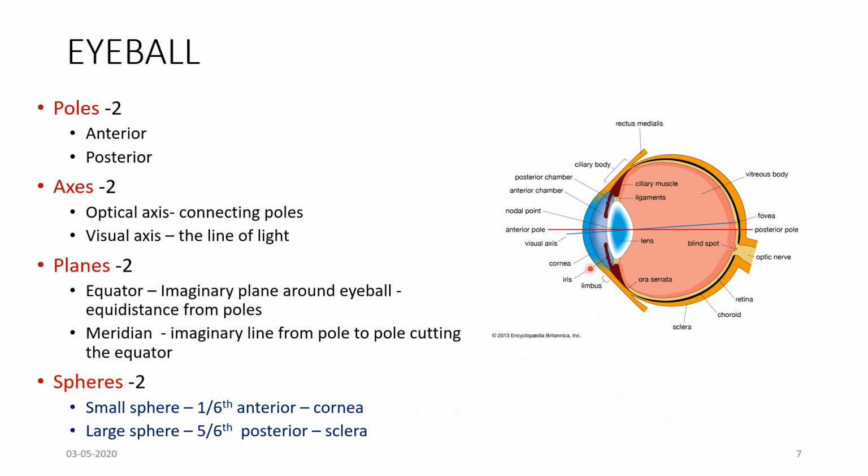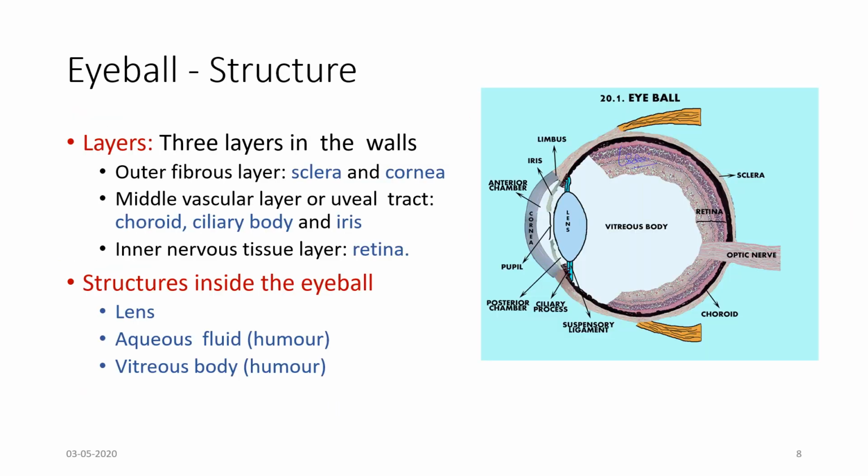The small sphere, which is the 1/6 in the anterior part, is the cornea. The large sphere is about 5/6 of the eyeball, the posterior part, and is the sclera. So now you know about the two poles, two axes, two planes and spheres of the eyeball.